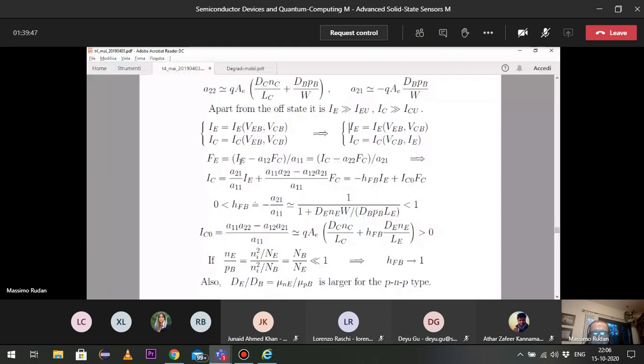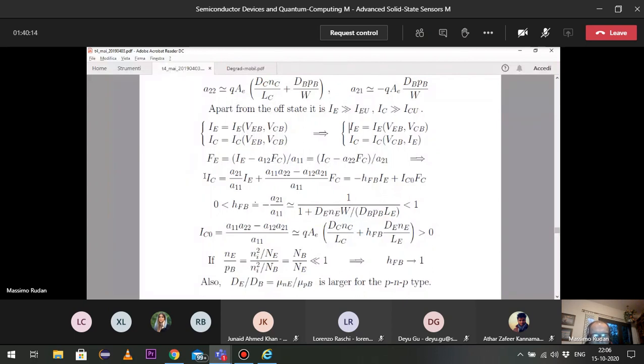The minus sign is easily fixed because when you consider circuits instead of devices, it is typically assumed that the collector current, instead of entering the collector, exits the collector. So what you do is just reverse the sign of this equation.